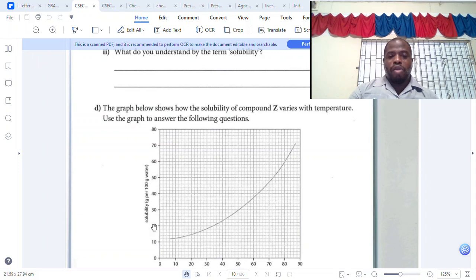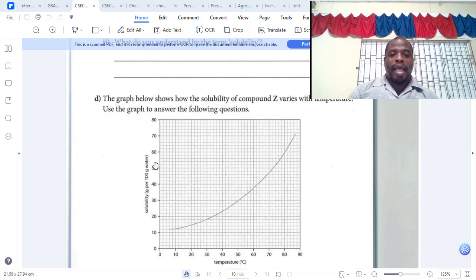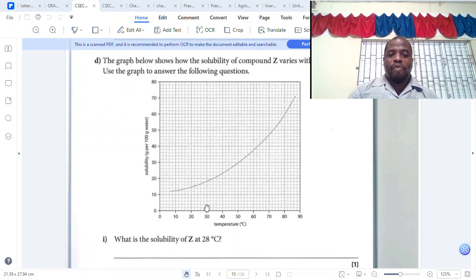Now when we look at this, we're seeing on the y-axis, solubility, and on the x-axis, we're seeing the temperature. Now, this is 1 centimeter, so when you think about the scale, 1 centimeter to 10 degrees Celsius on the x-axis. What does that mean?